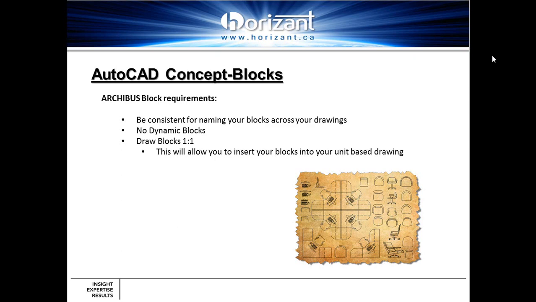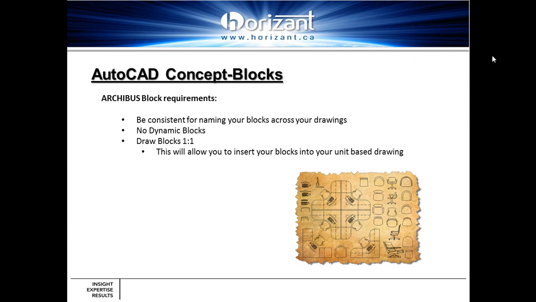The first item is that we want to be consistent in naming our blocks. For example, if you have a boiler in one drawing, is the boiler block named the same in the second drawing? Or if you have a piece of furniture, does it have the same nomenclature? Chair 1 in drawing 1 and chair 1 in drawing 2. So make sure you have consistency from one drawing to the next on that nomenclature.